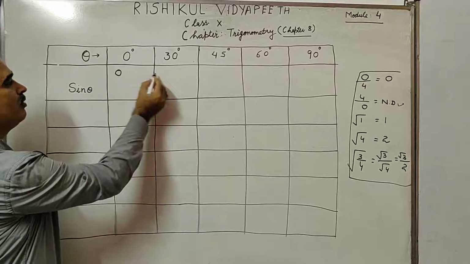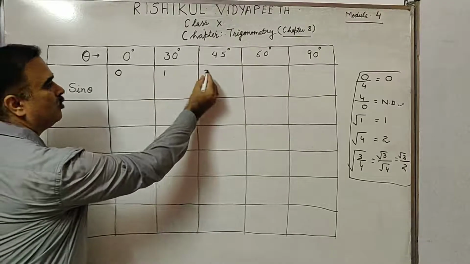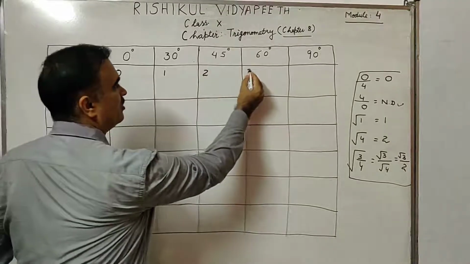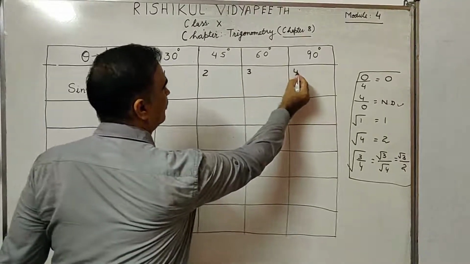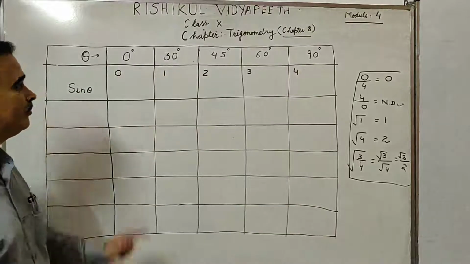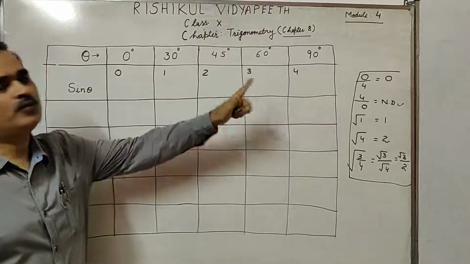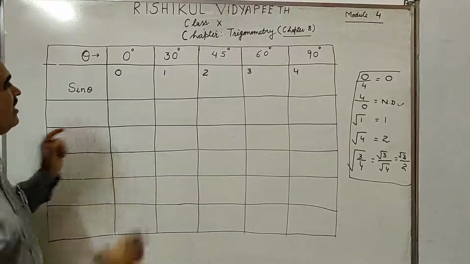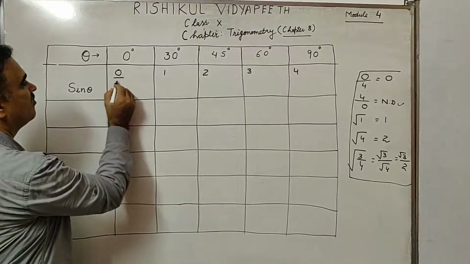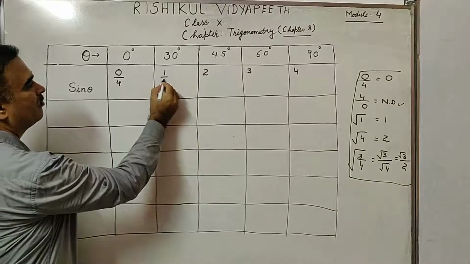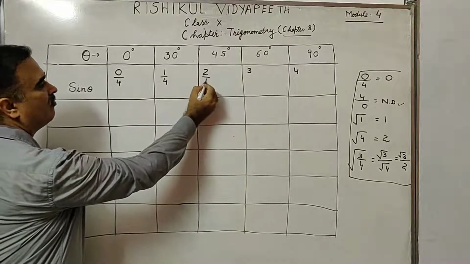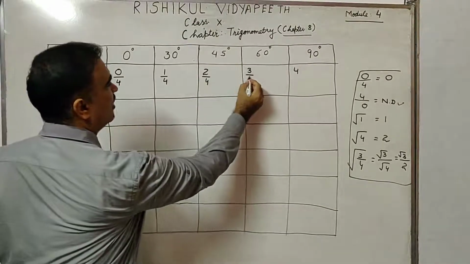You write 0, 1, 2, 3, 4. Then divide each by 4.